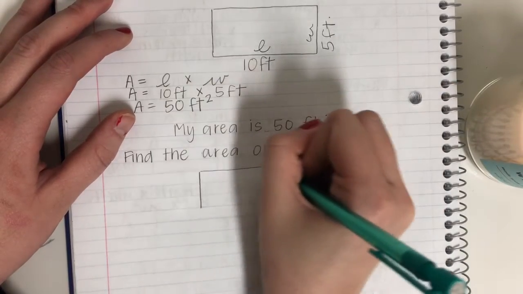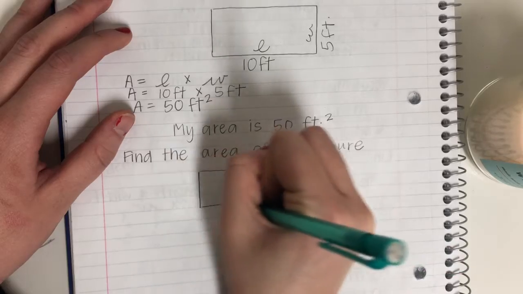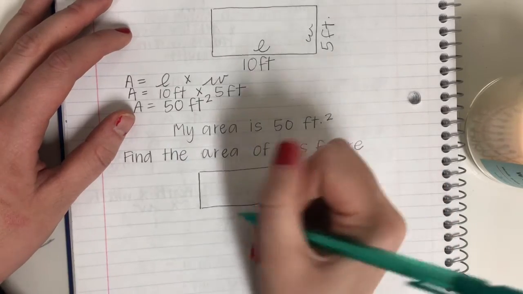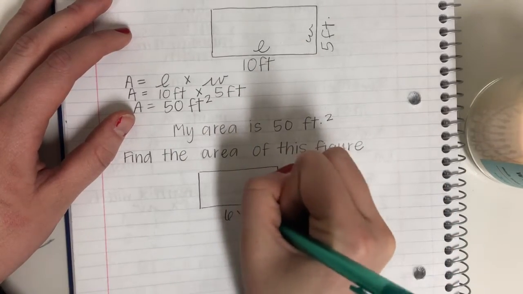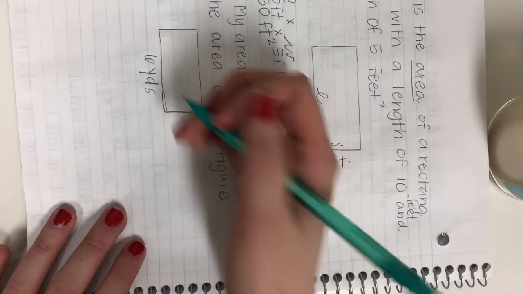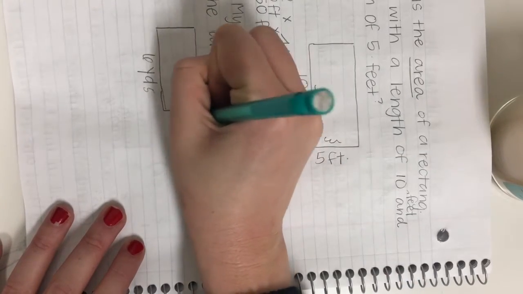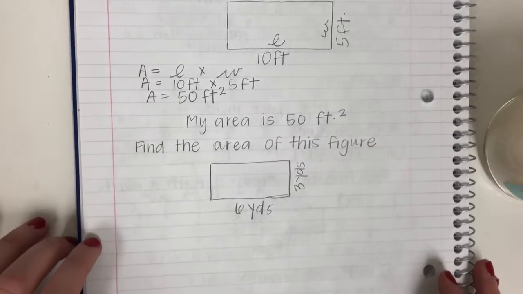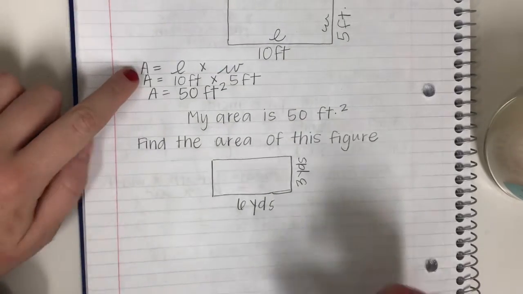So let's say we get a figure that looks like this. We have 6 yards and then we have 3 yards. Okay, so the first thing we're going to do is write our formula.